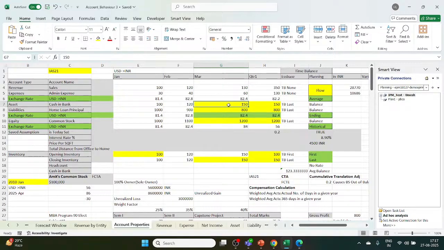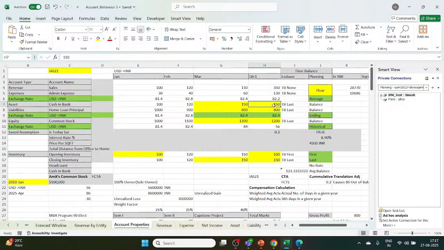So if we choose the balance property here for the asset, for the cash in bank, then the value will be 150. The total balance which comes at last, it's a balance.